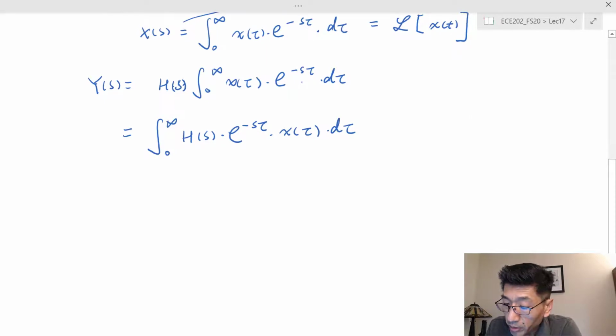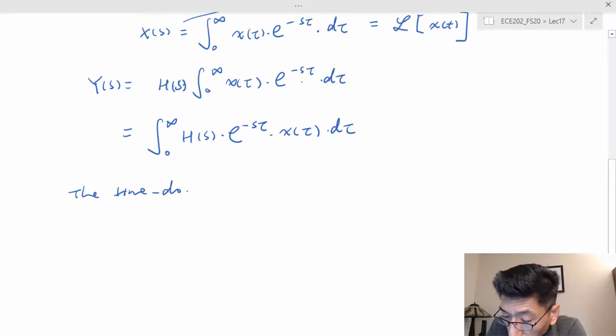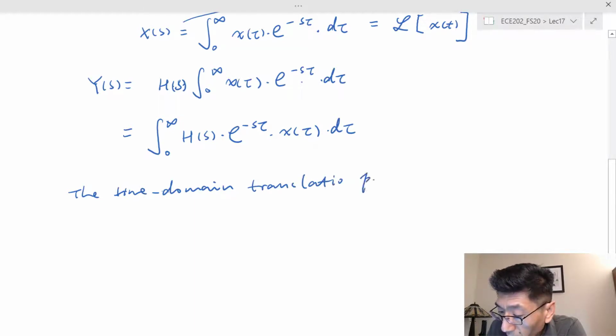And one thing we want to recognize is the time domain translation property, the basic delay, of the Laplace transform.